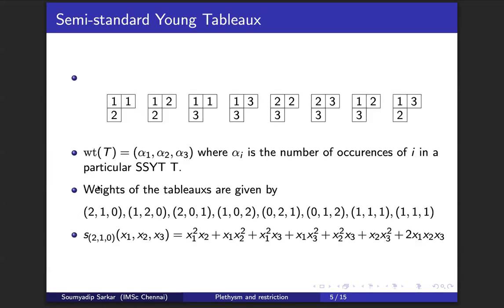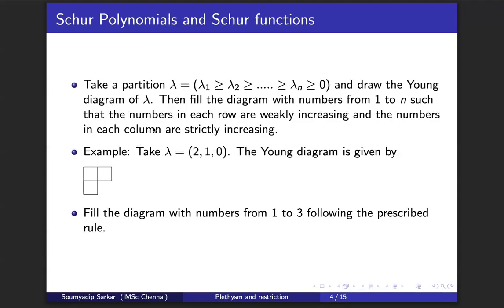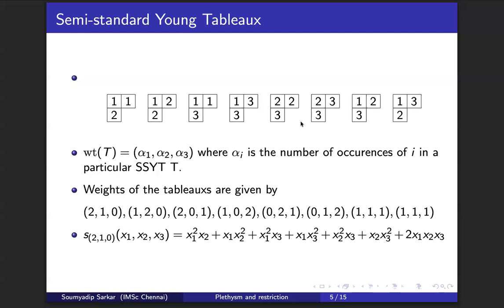So you fill the diagram by 1, 2 and 3, but you have to follow a rule. The numbers in each row have to be weakly increasing and the numbers in each column have to be strictly increasing. So you get all these fillings: 1 1 2, 1 2 2, 1 1 3 and so on.